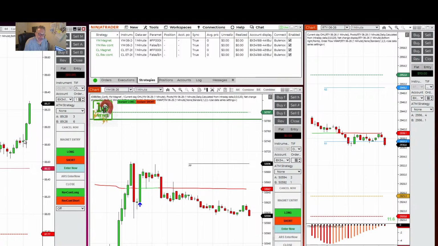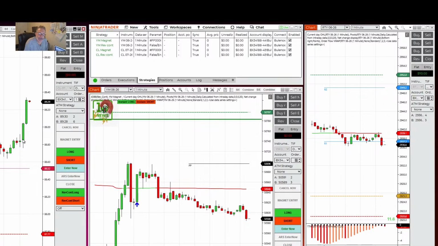The price was in this area here. So it would have been good if you waited a little bit less than a minute, it started moving in that 50-second area. It would have worked.